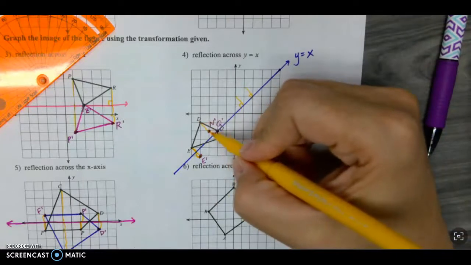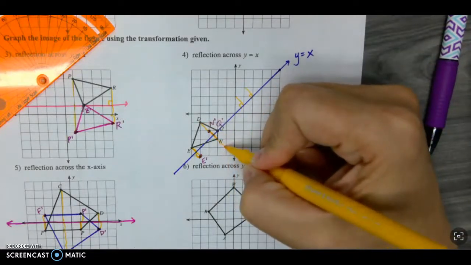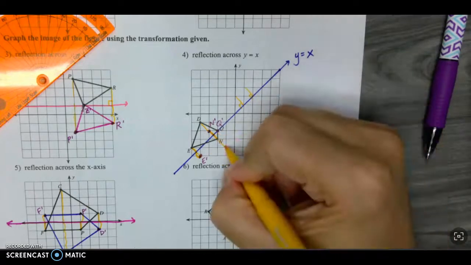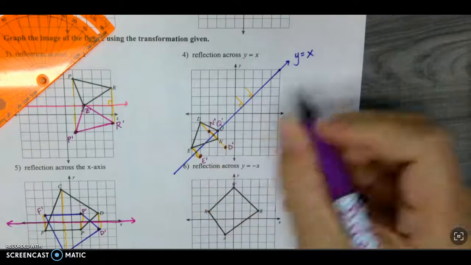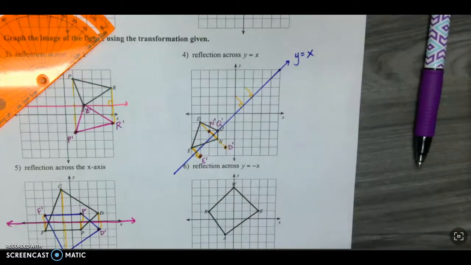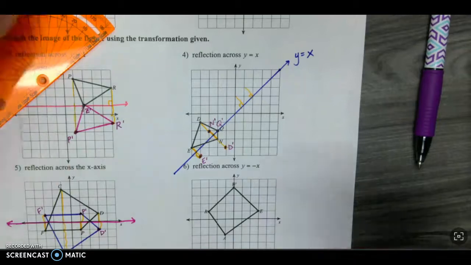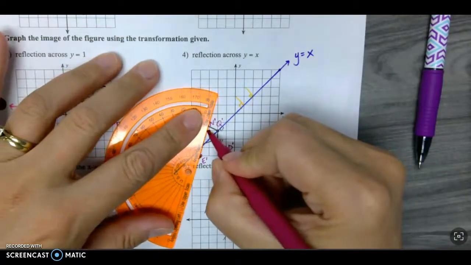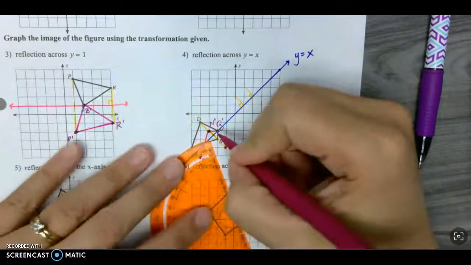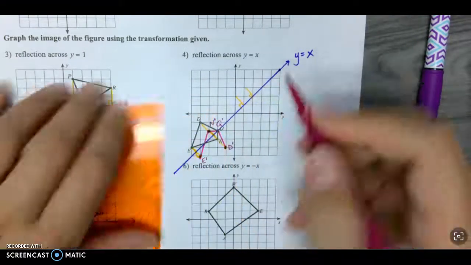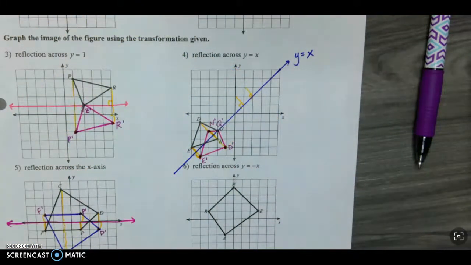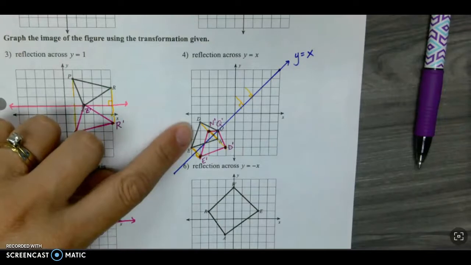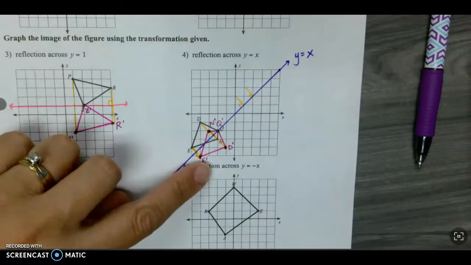So you see 1.5, so I have to go 1.5 across down here, and I have D prime. Okay, and so now I can sketch the graph. And we have the pre-image and its image, or its reflection across the line y equals x.